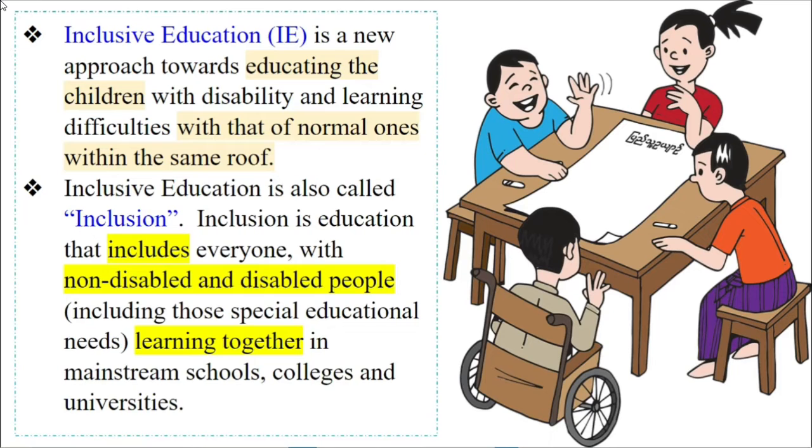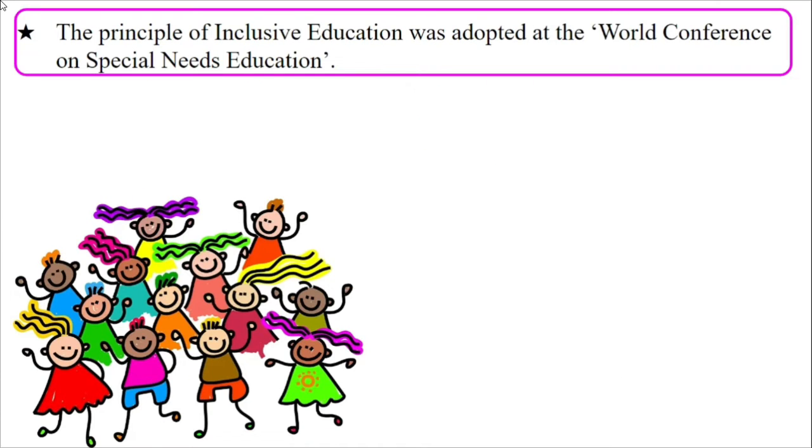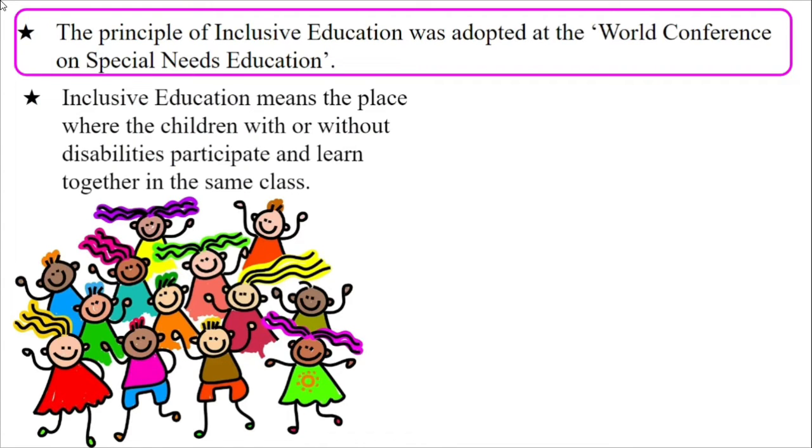The principle of inclusive education was adopted at the World Conference on Special Needs Education. Inclusive education means the place where children with or without disabilities participate and learn together in the same class.